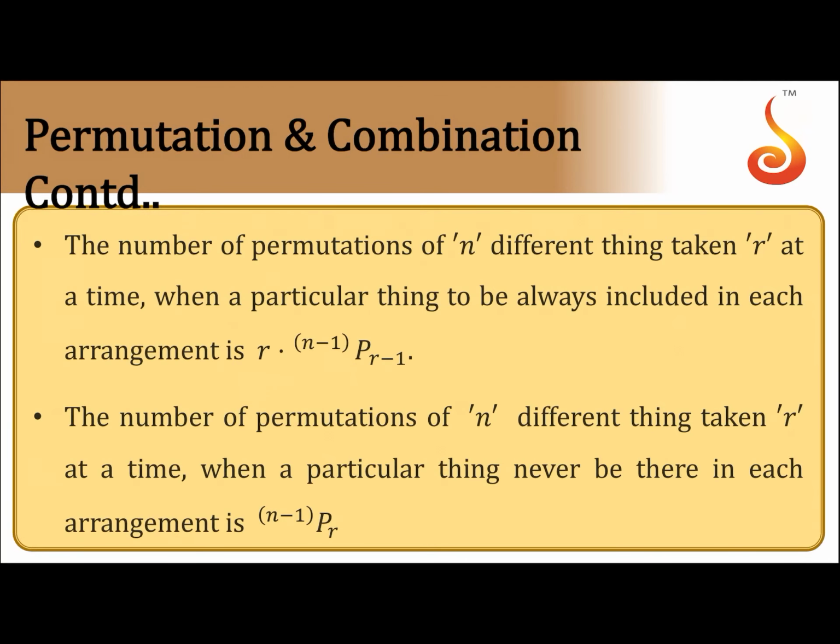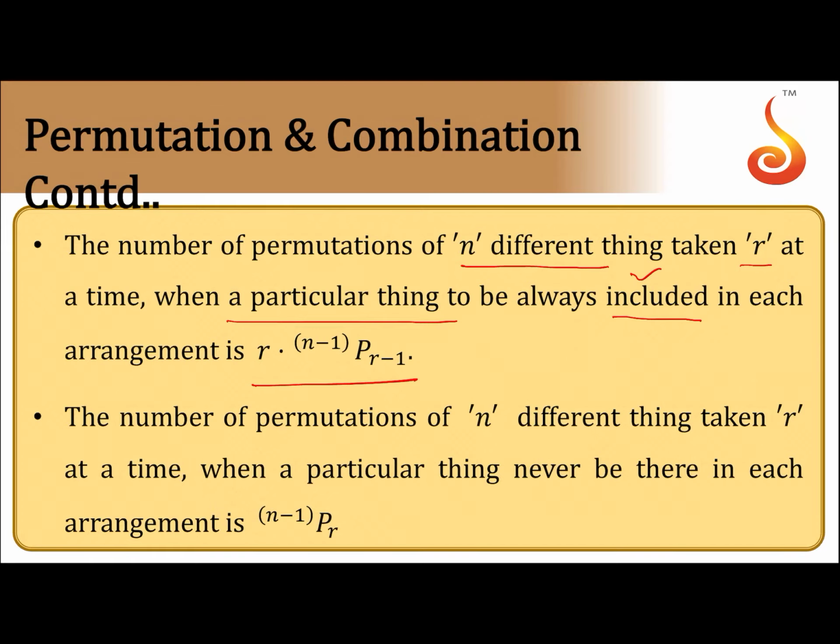Coming to specific things like restricted permutations. The number of permutations of n different things taken r at a time in which a particular thing is always included is equal to r multiplied by n minus 1 P r minus 1.